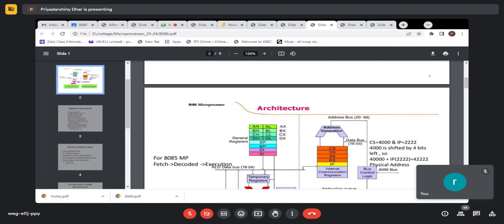For the 8085 microprocessor, the microprocessor can access 8 bit data at a time, so all registers are 8 bit. We can use two 8 bit registers as a couple, a 16 bit register to hold the address, because for the 8085 microprocessor the address is 16 bit. Here the address is 20 bits.